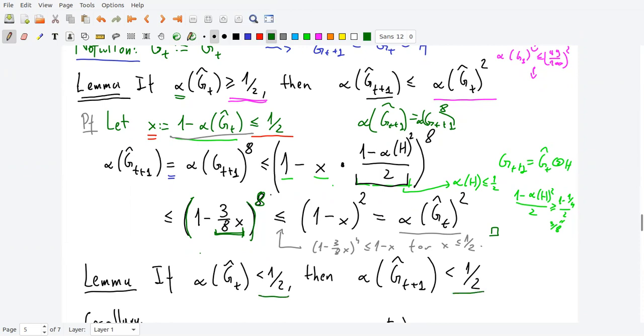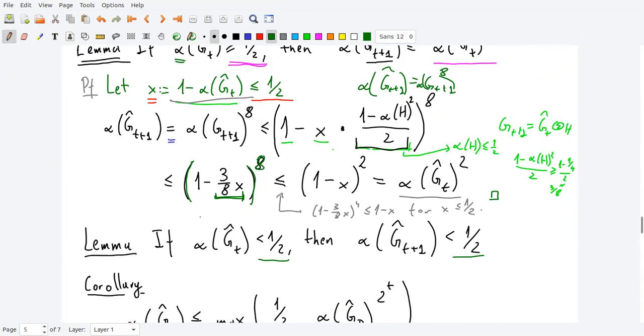And this is essentially the same estimation as here. Namely, these steps I can just rewrite the same way. The only moment where we actually use the fact that x is at most 1/2 was in this estimation, to see that it is being squared.